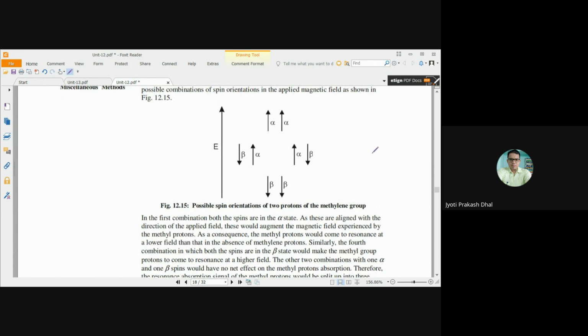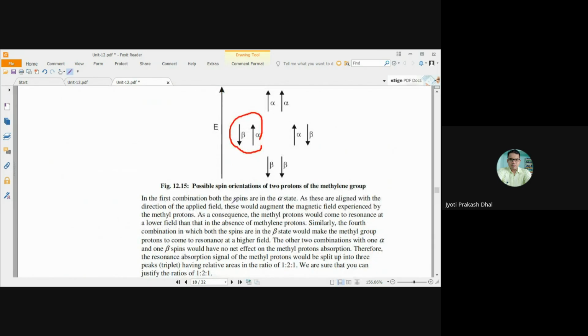So the nuclear spins of the two CH2 protons have different sets of combinations. In the first combination, both the spins are in alpha state. So all these are aligned with the direction of the applied field.